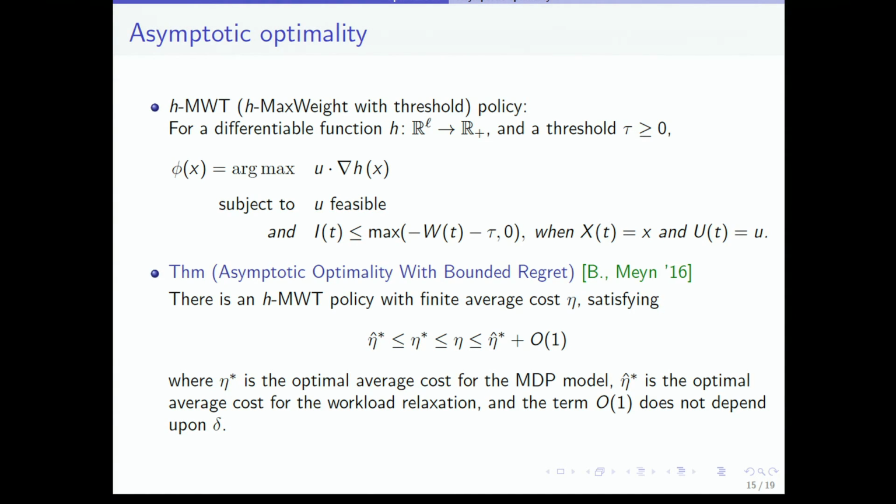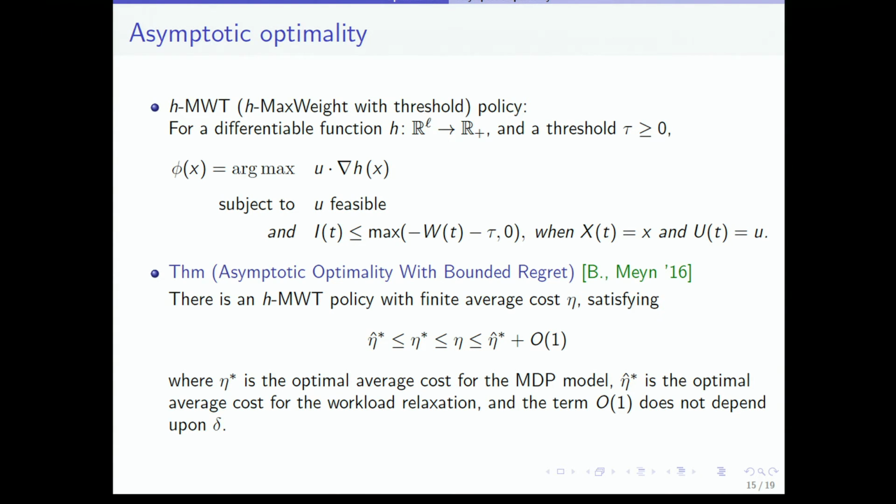Under these conditions, it turns out that the following type of policies, which we call H max weight with threshold, for obvious reasons, gives us asymptotic optimality with bounded regret. So first, what is H max weight?